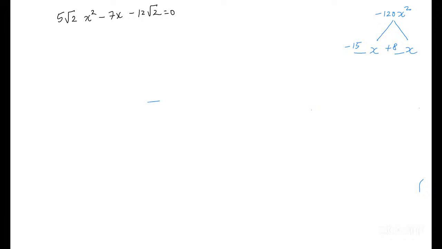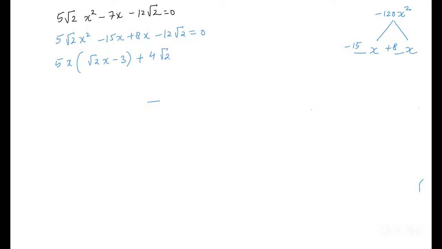So it will become 5 root 2x squared minus 15x plus 8x minus 12 root 2 equals 0. Now what is common? 5x is common, so root 2x minus 3. And from this, what is common? 4 root 2 is common.